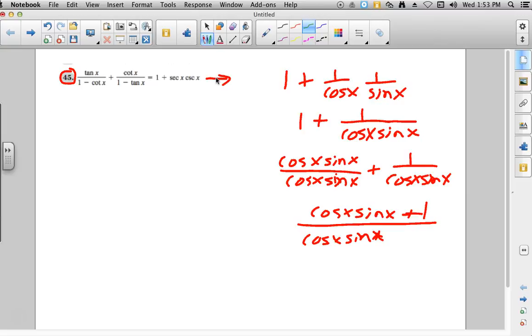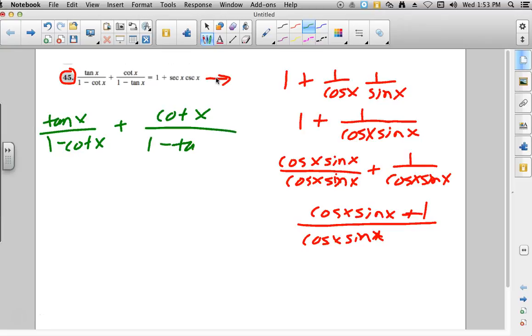So I'm going to start with tangent of x over 1 minus cotangent of x plus cotangent of x over 1 minus tangent of x. And the first thing that we definitely try is changing some of this into sine and cosine, in fact all of it, because this is a mess. We don't have any Pythagorean identities we can use with this.